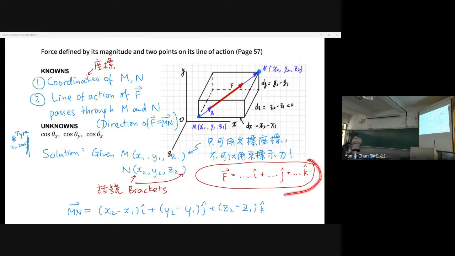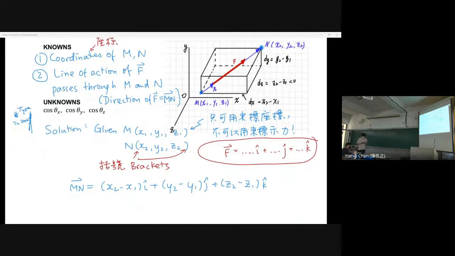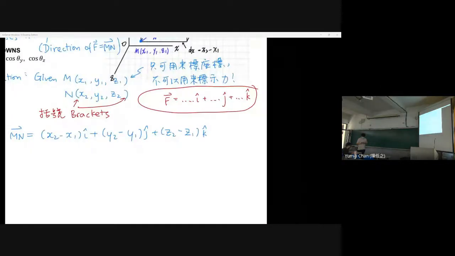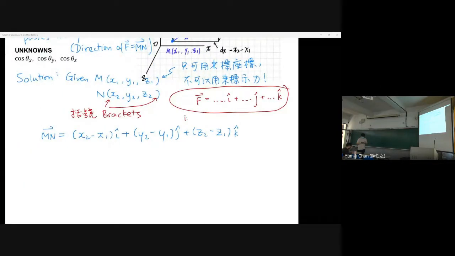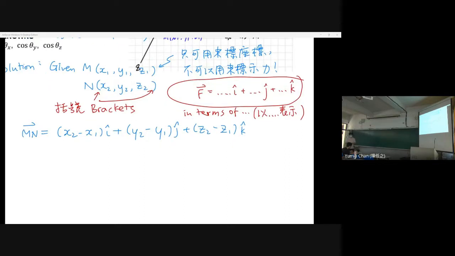If you write your answers as forces, then remember to write them in terms of I, J, and K.